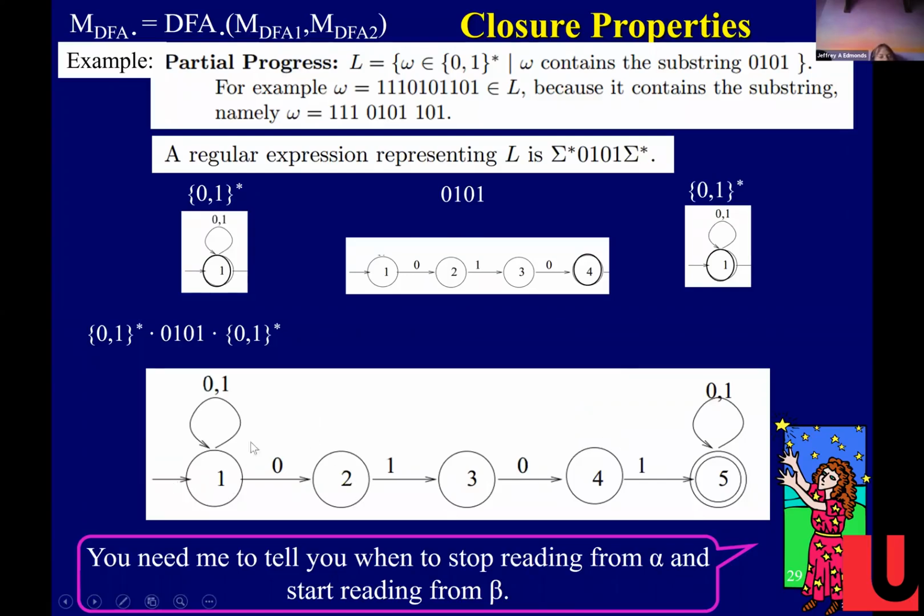But is this machine a DFA? No, this machine is an NFA, because here you read a 0 or you go forward on 0. So if you do this obvious sort of building, it's great, but you're building an NFA. When you get a 0, you have a choice.